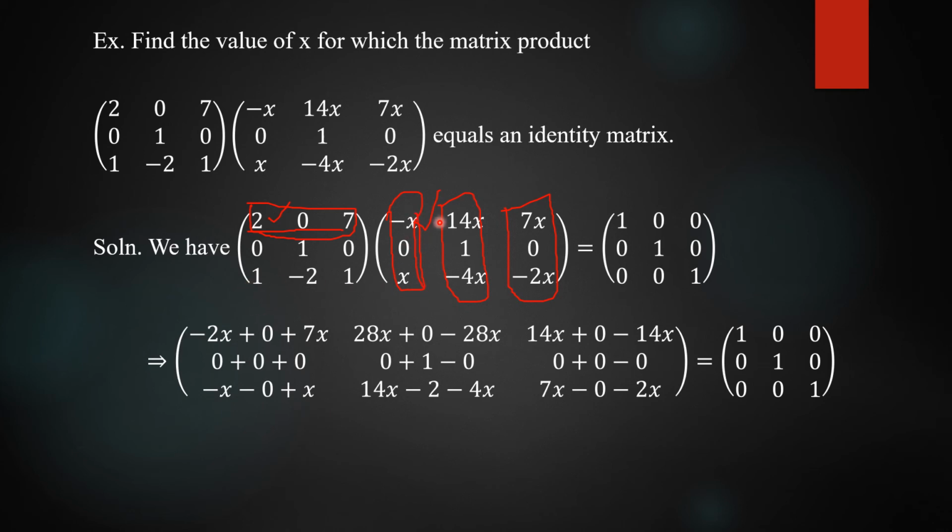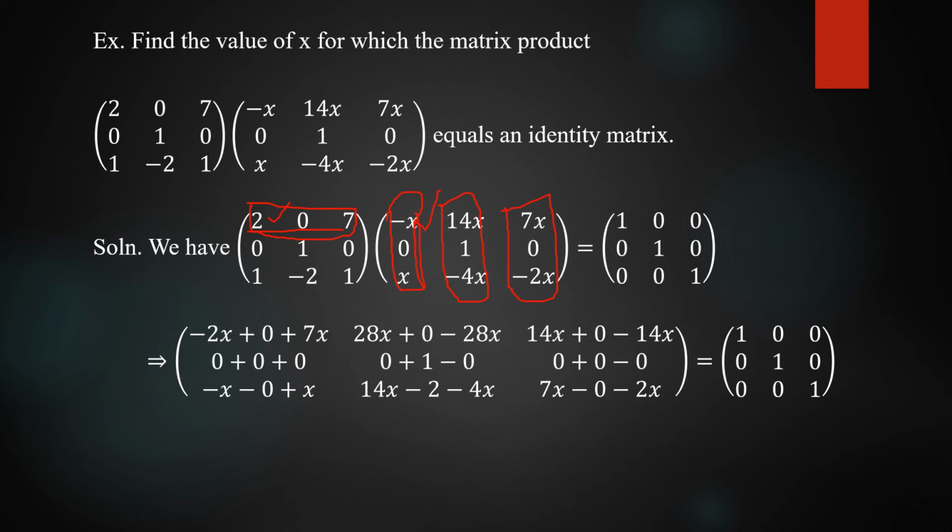Then third row, second column: 1 into 14x is 14x, minus 2 into 1 is minus 2, then 1 into minus 4x is minus 4x. Now the third column: 1 into 7x is 7x, minus 2 into 0 is minus 0, and 1 into minus 2x is minus 2x. So I have completed the product of these two matrices.